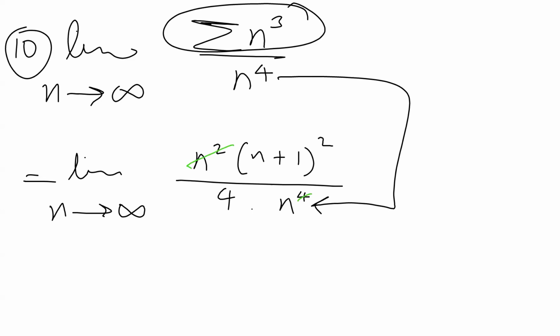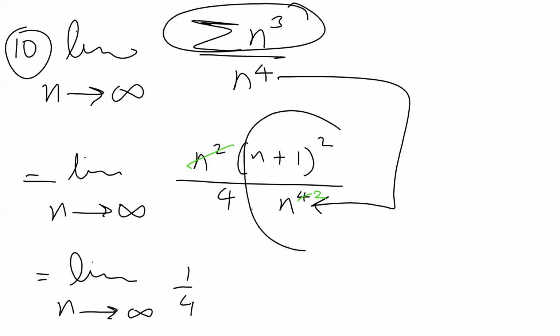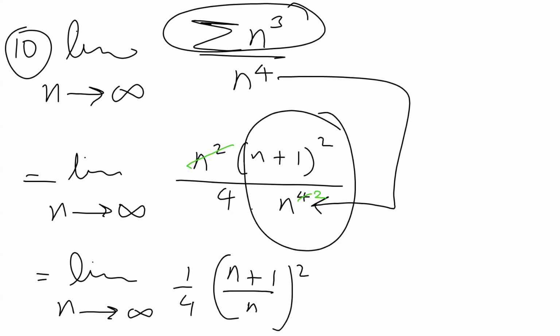n square and this will be square. Okay, I will group those squares. So 1 by 4. These two squares will group, the whole square. Up also square, down also square.